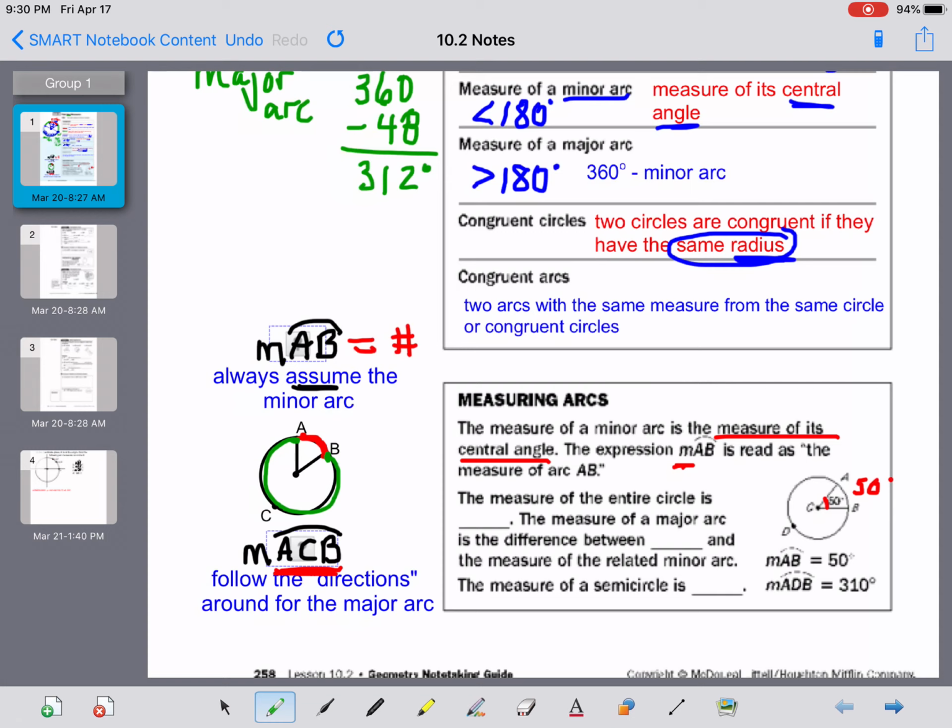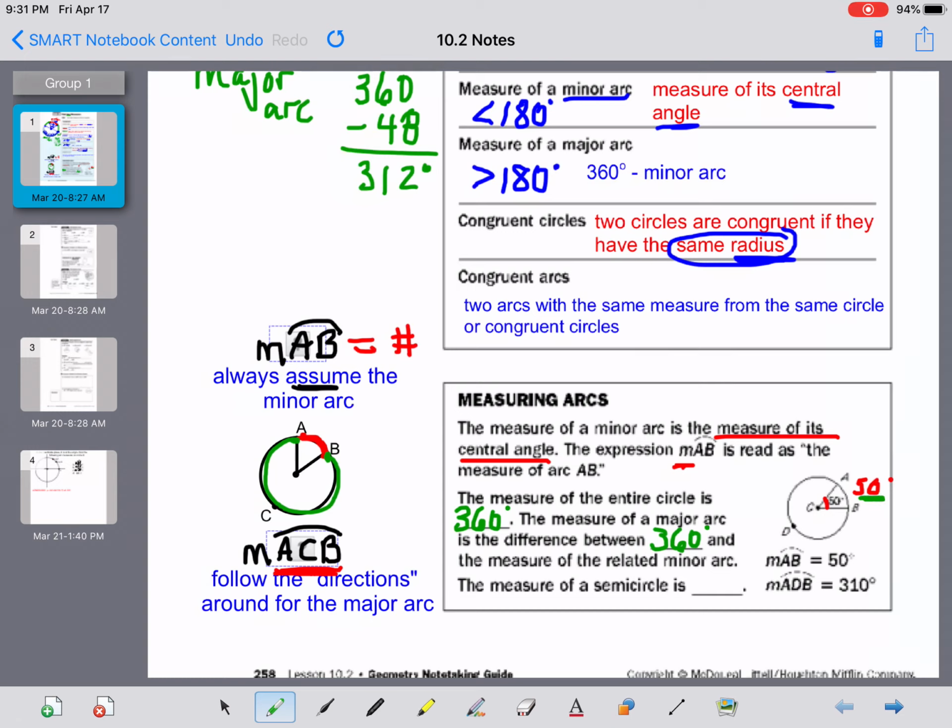Back over here to our box of notes, the measure of the entire circle is 360 degrees. The measure of a major arc is the difference between the 360 and whatever the minor arc is. We did that up top with the 48 degrees here.